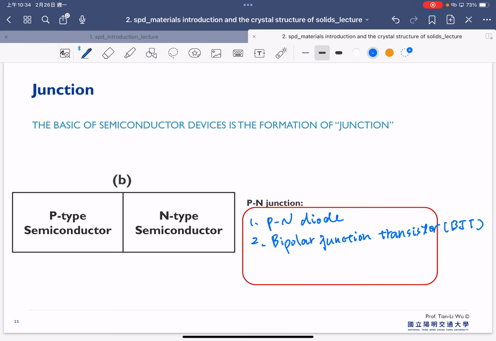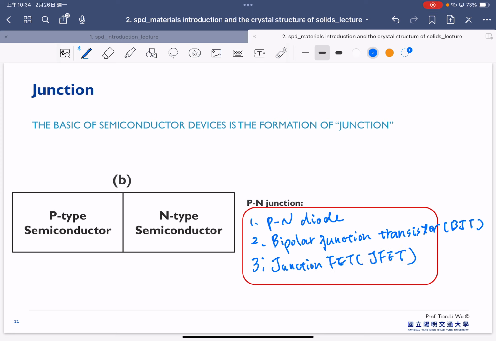And the third one is a junction FET. That's what we call the JFET.